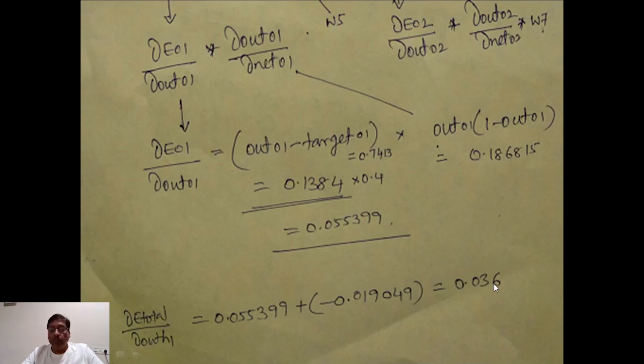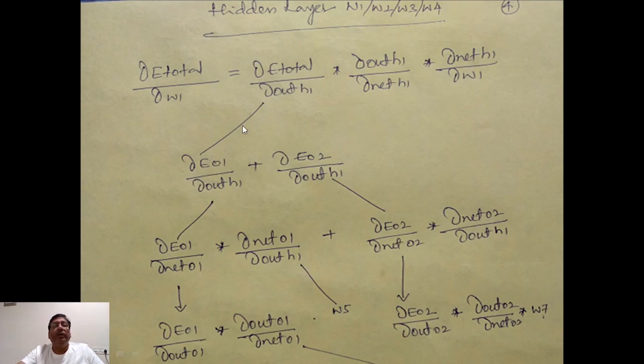So I'm going to get the value for this as 0.036. So what we are trying to do over here is find out the value of E total upon out H1, the partial differentiation of E total with respect to out H1. When you want to calculate this, we can write E total as EO1 plus EO2.